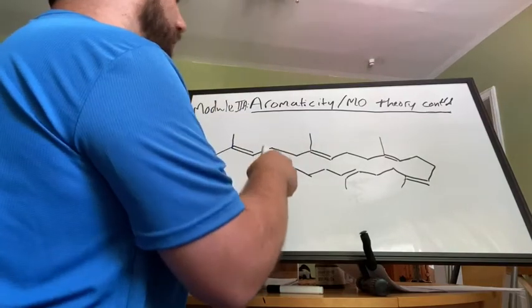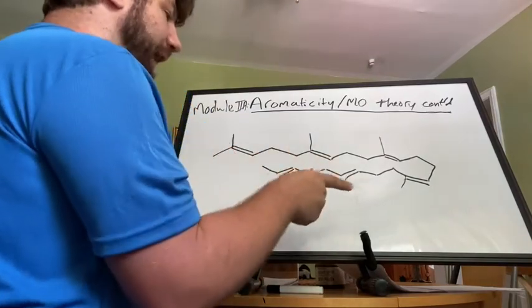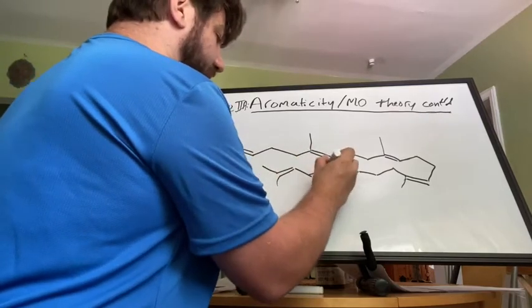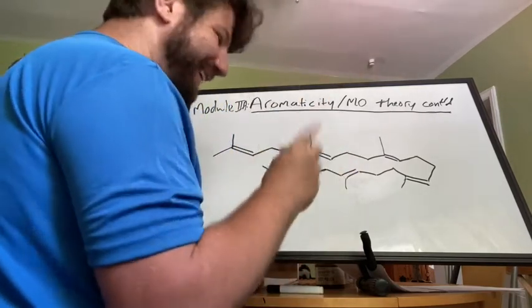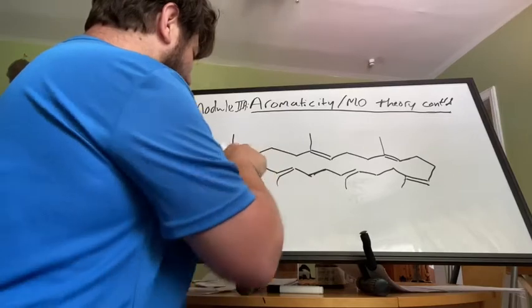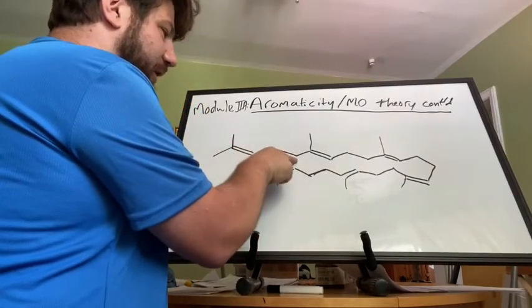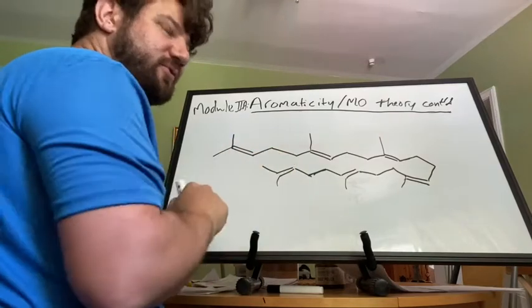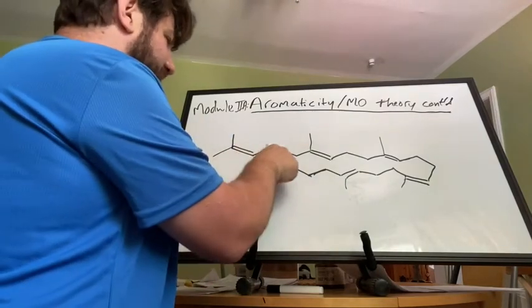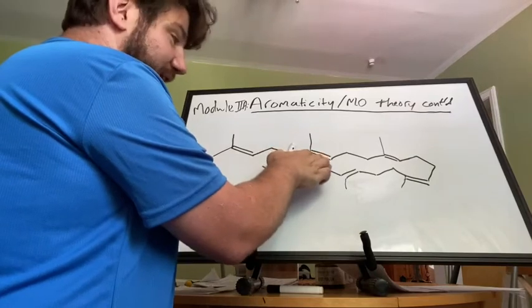Okay, so we have a complete disturbance, operative word. We have a pi system here. We have a couple sp3 carbons right next to them, in between the next pi system.